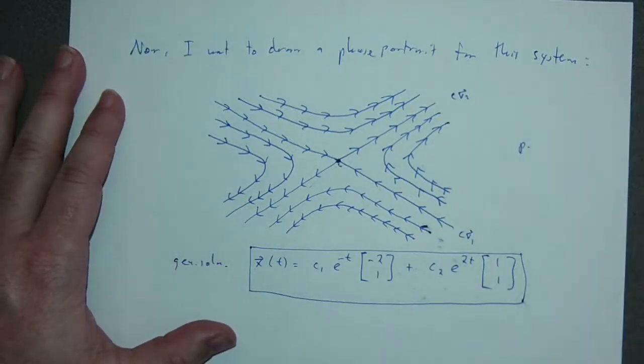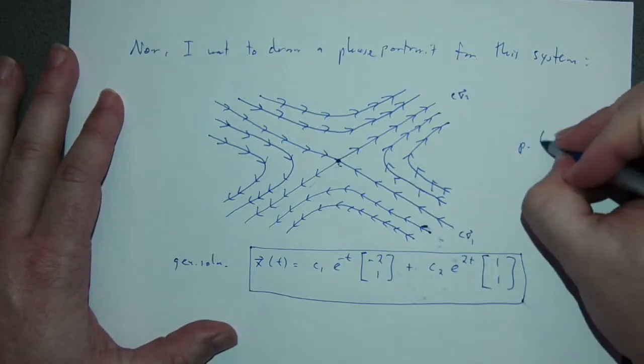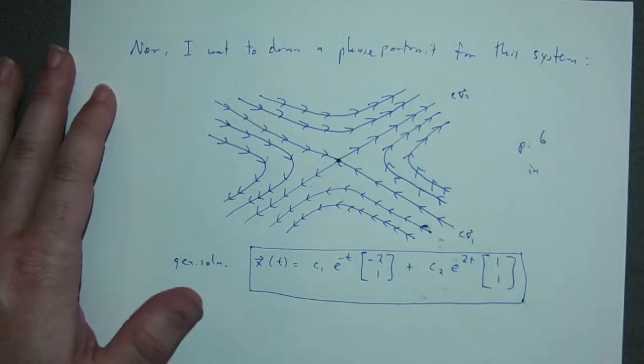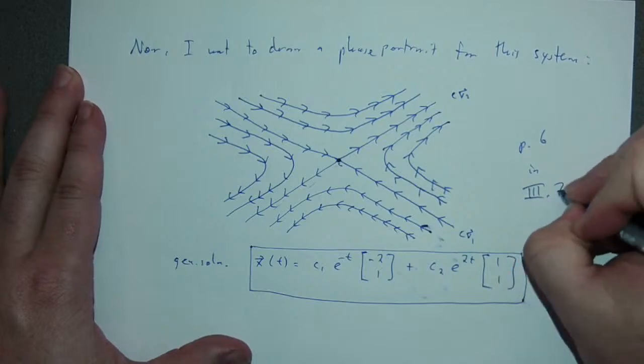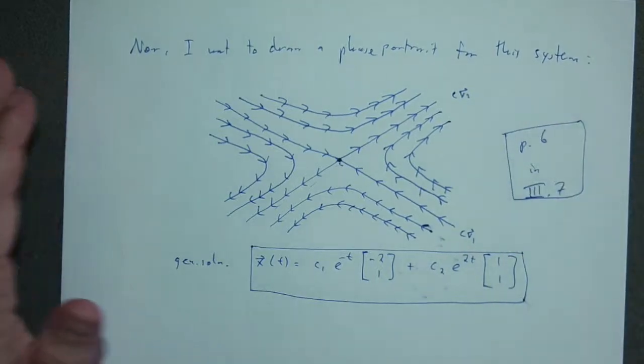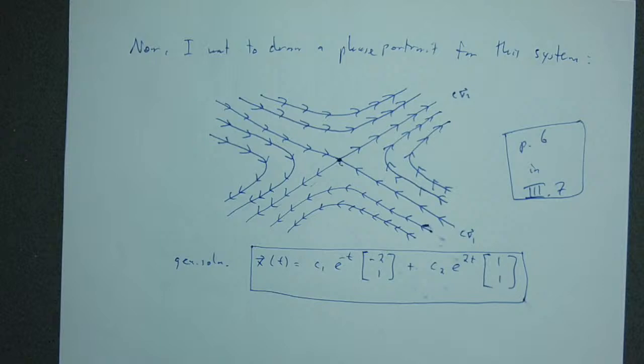This is on page 6, this is 3.7, I believe. It's the linear planar systems section, whatever section of chapter 3 that is. All right. So that's what's going on.